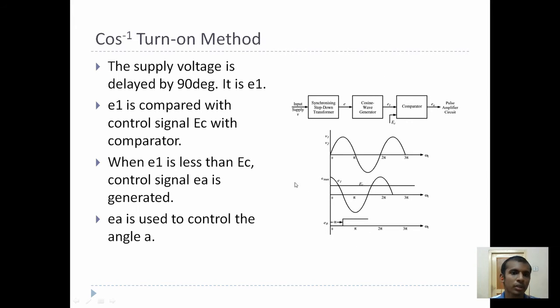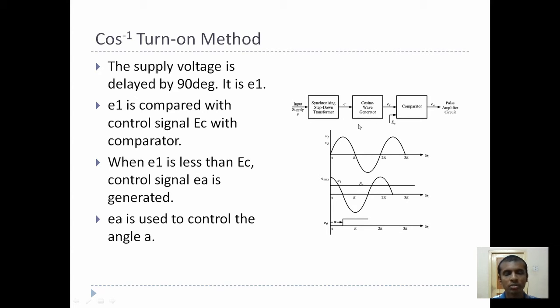So next, cos inverse turn on method. In this method, the supply voltage is delayed by 90 degrees and it is E1. You see here, this is the supply voltage which is 90 degrees delayed. When E1 is less than EC, control signal EA, the control signal for the converters, is generated.